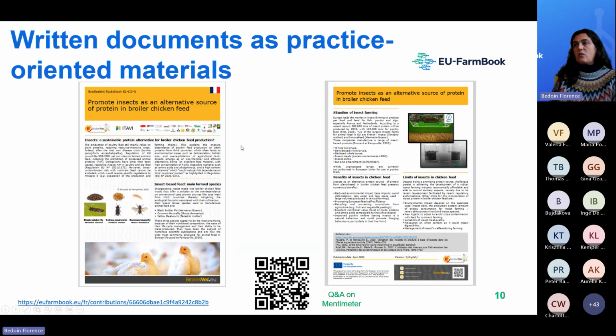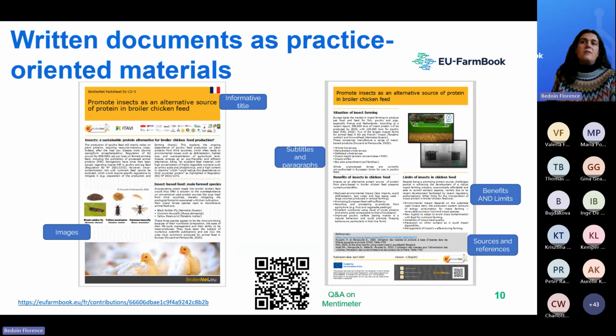What I would emphasize as nice for the user is that the title here is informative, that there are images that illustrate the text, that the text is divided into subtitles and paragraphs, so it's easy to follow what it is about and jump from one part to the other.